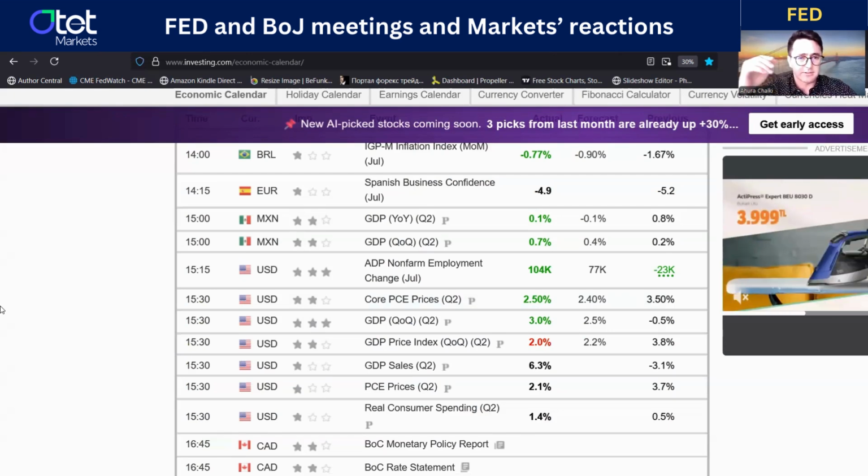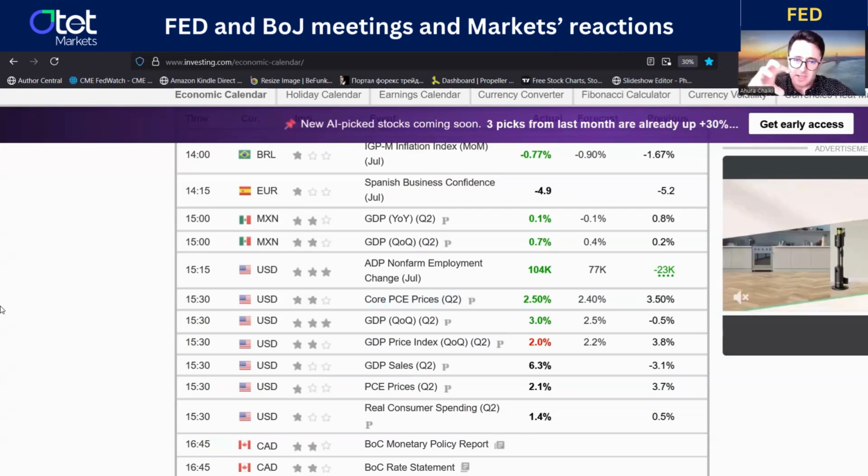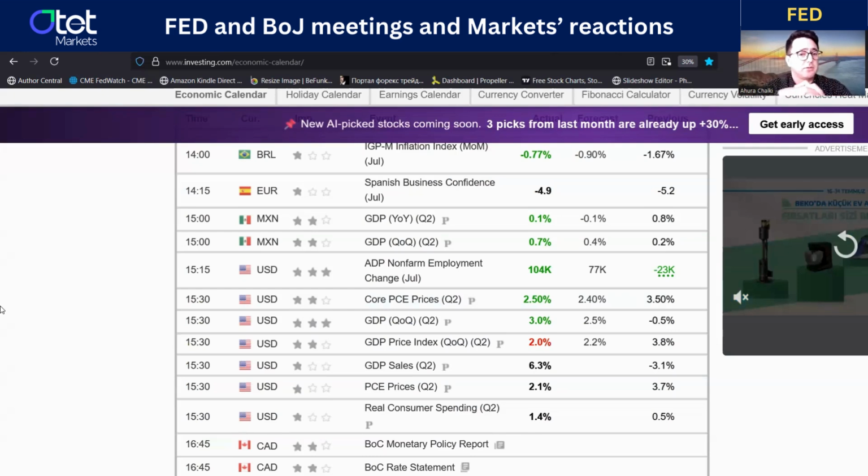Headline inflation is slightly lower, but the core PCE price index is what the Fed uses as the base for measuring inflation. So we can say that inflation is still high. Even though it's much lower than the 2022 peaks, the inflation is still much higher than the Federal Reserve's 2% target.